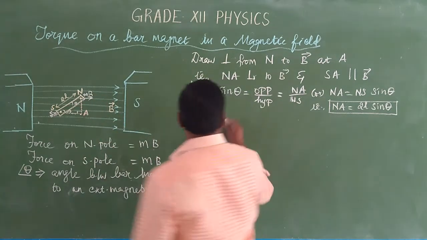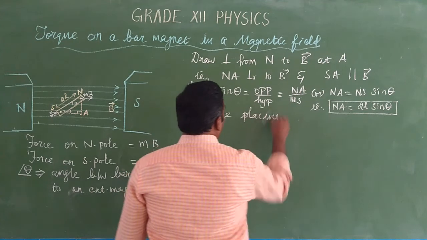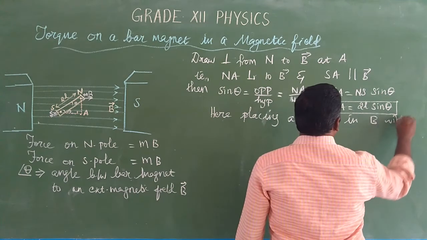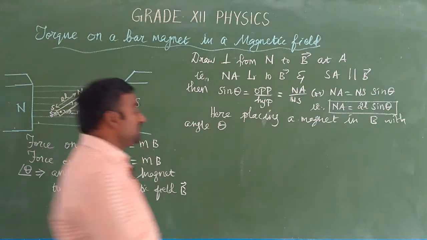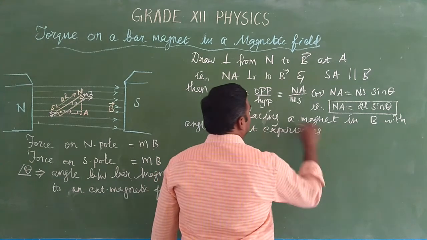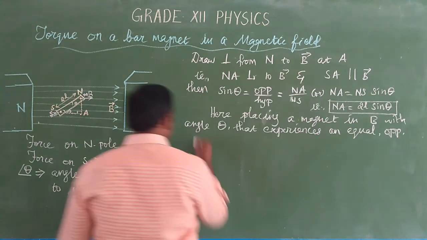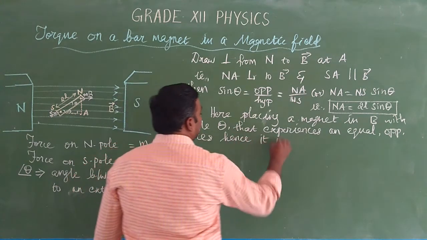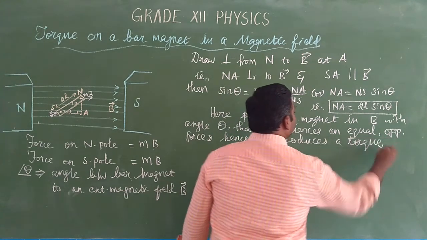So placing a magnet in B at the angle theta, it experiences equal and opposite forces. Hence it produces a torque.